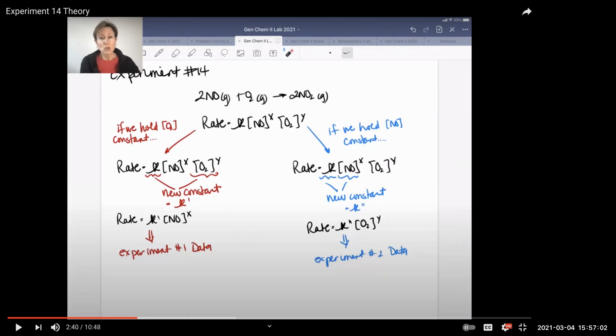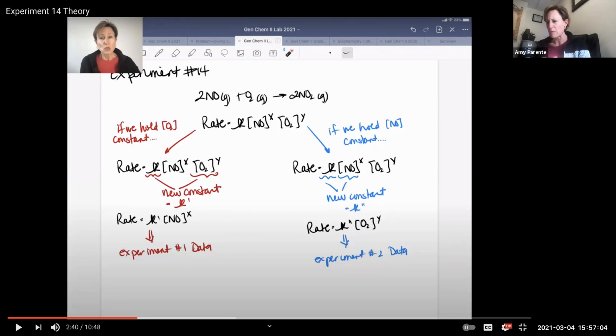Do you guys see that page? Lauren, I can see you, so that's the right page? Okay. Where it says, what is the rate expressed in terms of NO? That is going to be this guy on the left. So you're going to write this thing down where it says rate equals K prime times the NO to the X. That's what you're going to write in that first spot. That's the rate if we expressed it only in terms of NO because we're holding O2 constant.